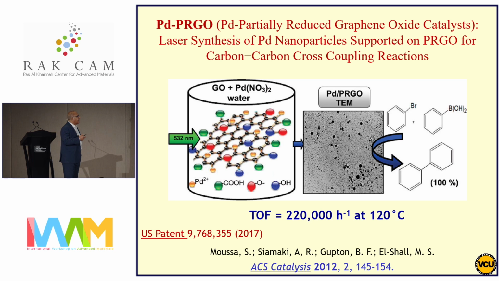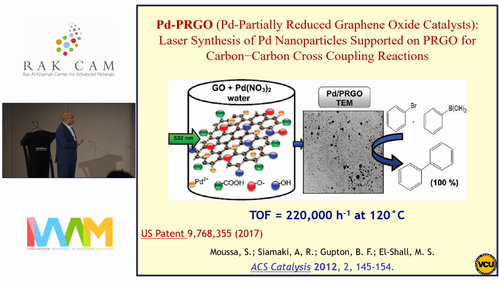It can remove carbons from the support, and it can create a lot of vacancies and even holes in the support. As a result, we can see that the activity becomes much higher: turnover frequency goes from 100,000 before to now 220,000. It's a little higher temperature for this experiment, but still, even at room temperature, the activity was very high compared to the catalyst made just by microwave radiation.